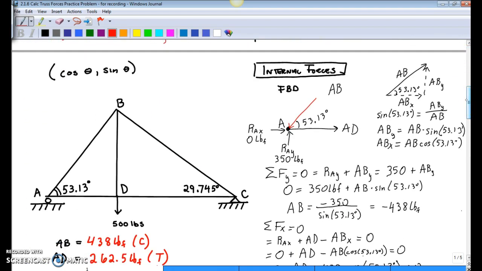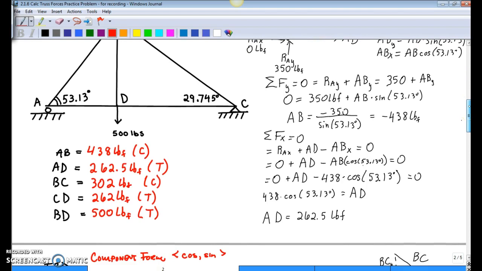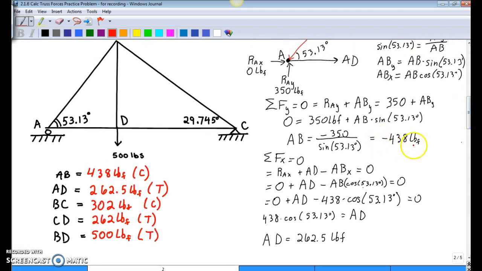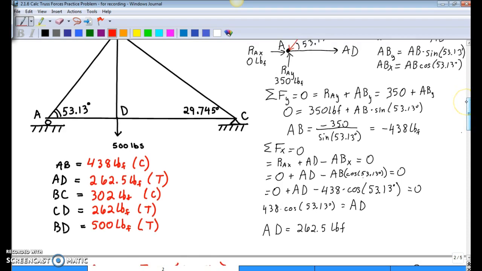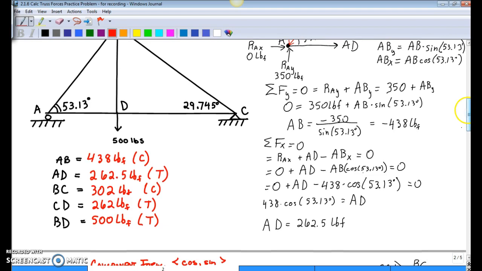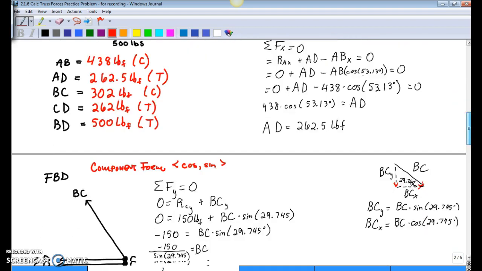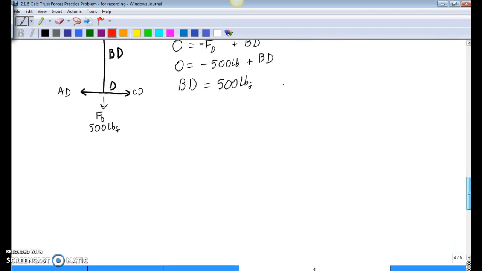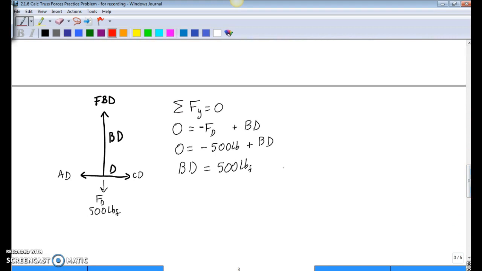Internal forces are going to be assumed all in tension until you find an answer to be negative. And when it is negative, such as this negative 438, that means that it was actually in compression. So your answer is positive, but you note it in compression. So again, keeping a nice clean table off to the side for your internal forces, just like you did for external. And that's it. That is how you solve for a truss.